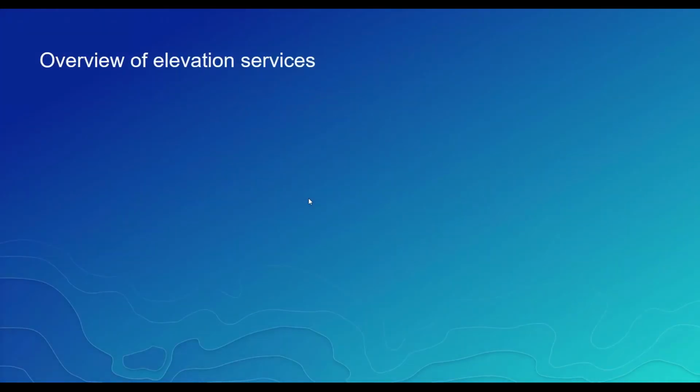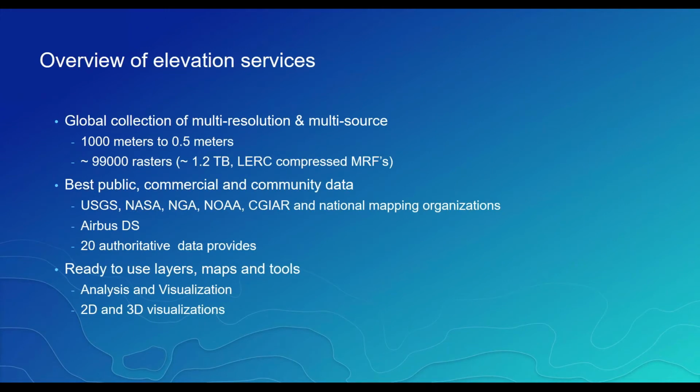So Living Atlas of the world is a gateway to the foremost collection of global geographic information from Esri. It contains thousands of layers, maps, and apps on various themes curated by Esri and its partners. These layers are compiled from the best public, commercial, and community contributions with resolutions ranging from 1,000 meters to 0.5 meters. Airbus WorldDEM4Ortho is now integrated into all the elevation layers and tools.